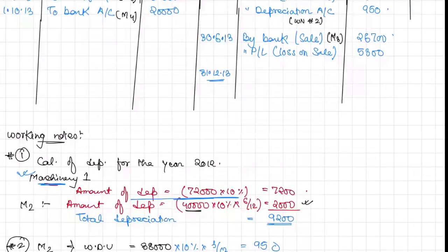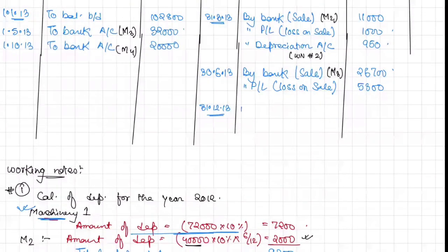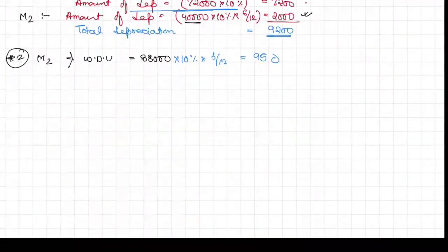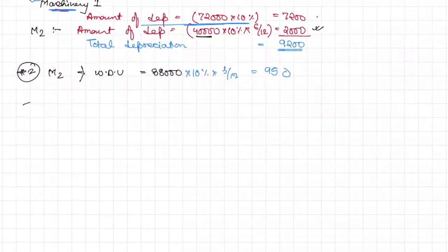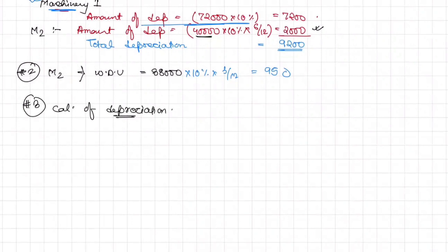So it will be by depreciation account. I have to write working note 3. So calculation of depreciation. There are two machinery, M1 and M4.